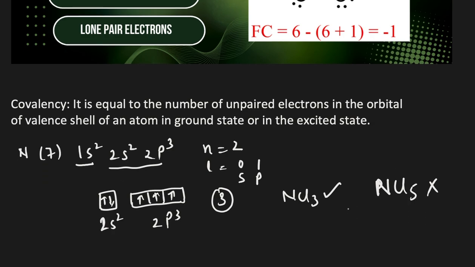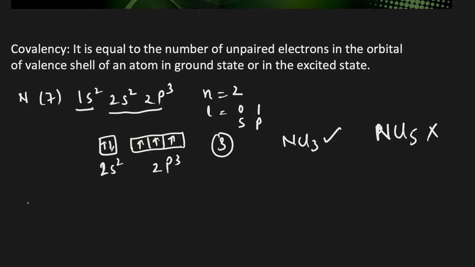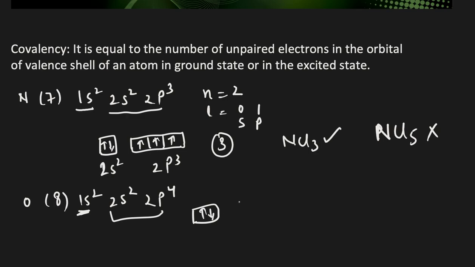Okay. Similarly, we can take the example of oxygen. In case of oxygen, we have 8 electrons. So it is 1s2, 2s2, 2p4. Okay, so 1s2 is of no use for us, so we will focus on these two. So in this case we can show it like this, right? 2s2, 2p4.